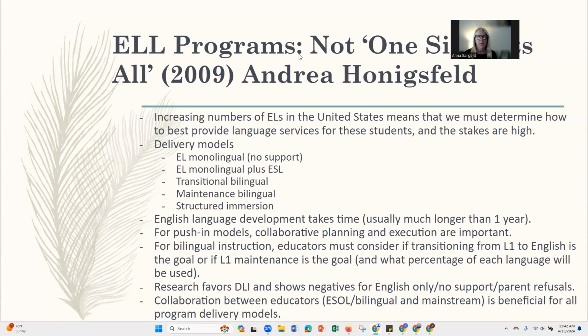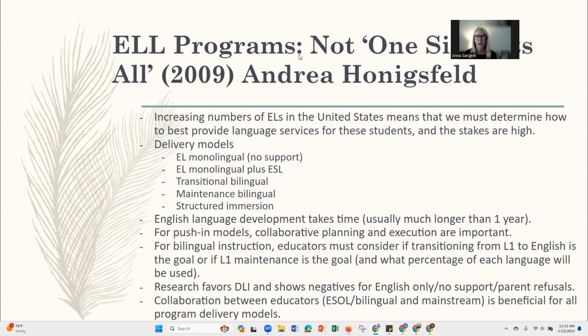Here's a great article for you to read. It's about not one size fits all when it comes to our ELs. While this article was written in 2009, at that time we still had the acronym ELL. As the years have transitioned, we've changed that to ELs.